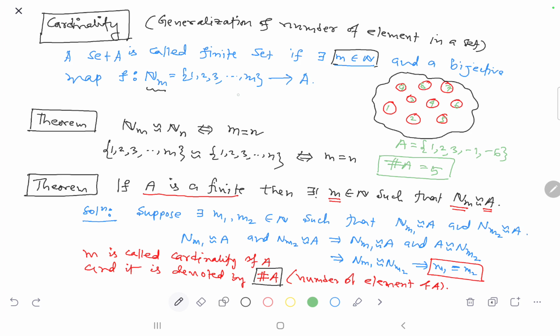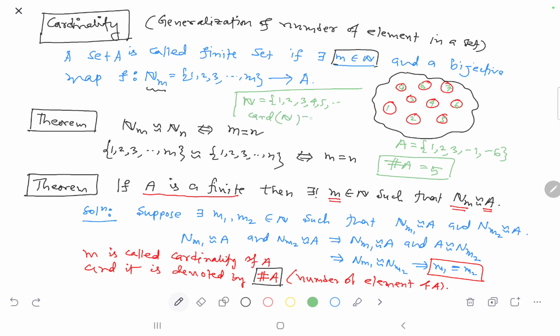Now let me give you one more example. A equals 1, 2, 3, 4, 5, and so on. Basically we are taking the set of natural numbers. Then what should be the cardinality of N?